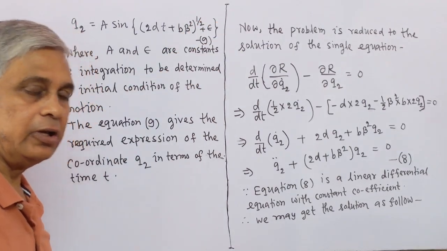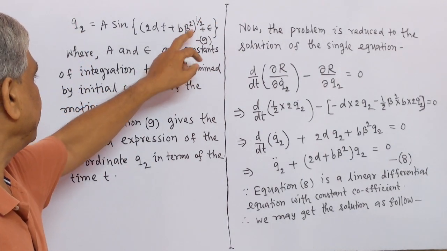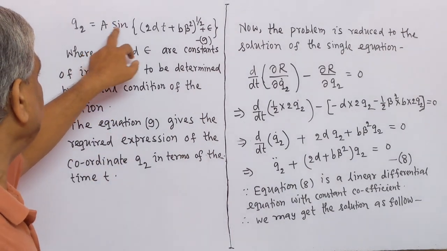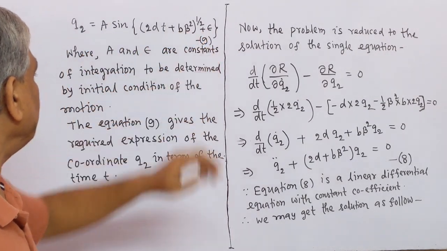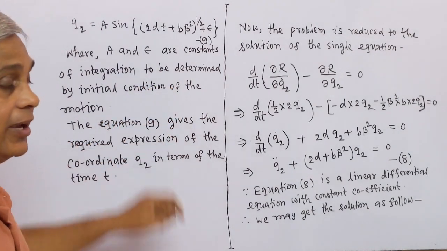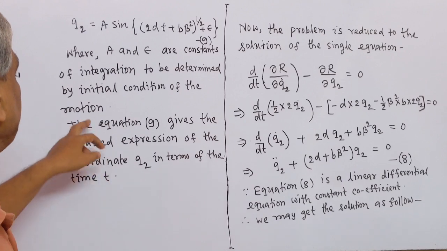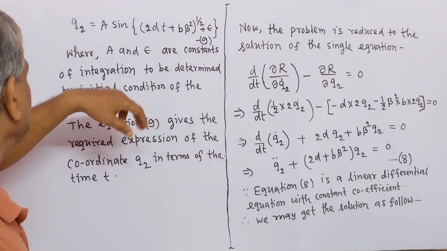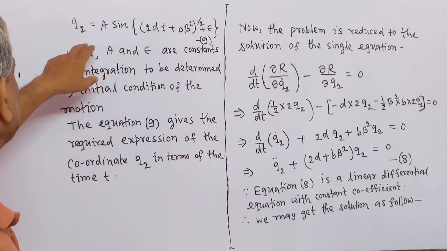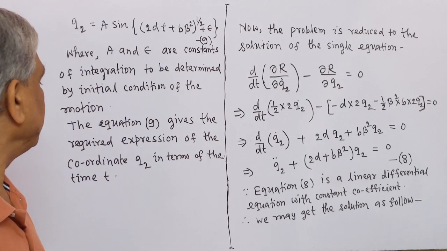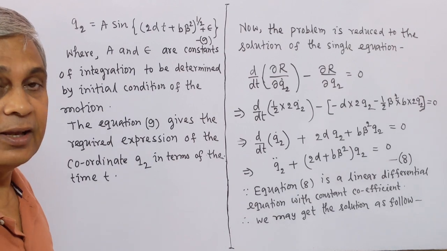This is equation 9, where A and epsilon are constants of integration to be determined by the initial conditions of the motion. Equation 9 gives the required expression of the coordinate Q2 in terms of the time t.